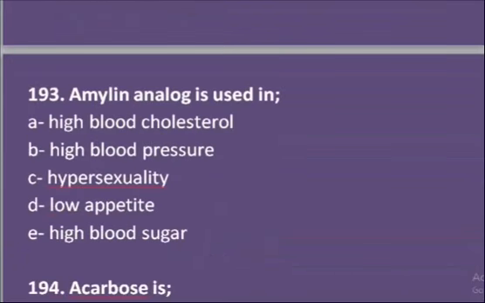Now our third MCQ: amylin analog is used for high blood cholesterol, high blood sugar, hypersexuality, low appetite, and high blood sugar.